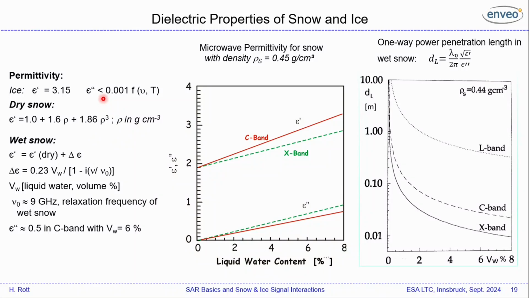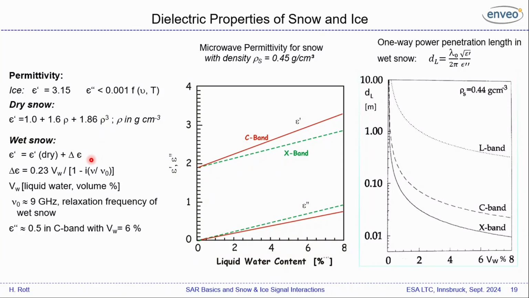The imaginary part is very small. It depends on frequency and temperature, but it's 0.001 or even smaller. So this is really 3 or 4 orders of magnitude below the real part.